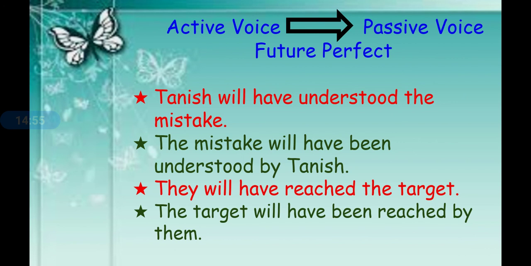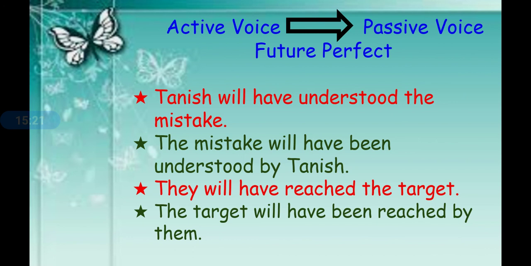The mistake, after that we have to write will plus have plus been. Will have been plus past participle form of the verb which is given in the sentence. So will have been understood by Tanish. The mistake will have been understood by Tanish. This is the way we have to convert.